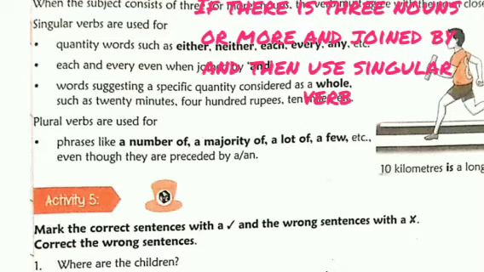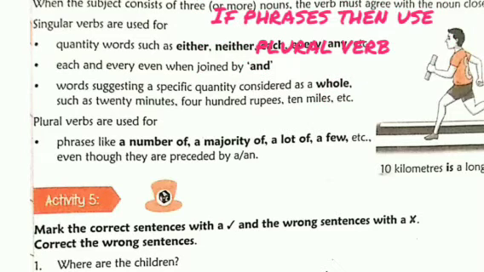If there are 3 nouns or more, you use the singular verb. If there is a phrase, meaning a group of words showing some meaning, there you have to use the plural verb. Let's see here.